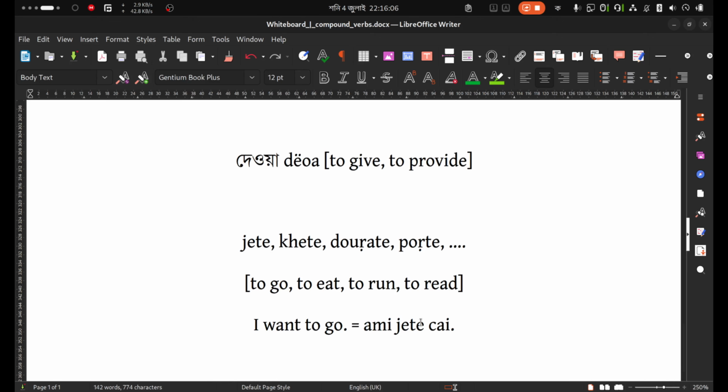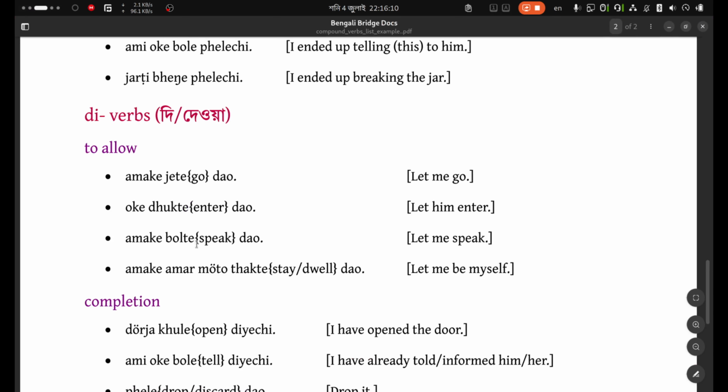So we are going to use this form for this category, to allow. Let's see the examples. আমাকে যেতে দাও. So this verb dao means to allow.